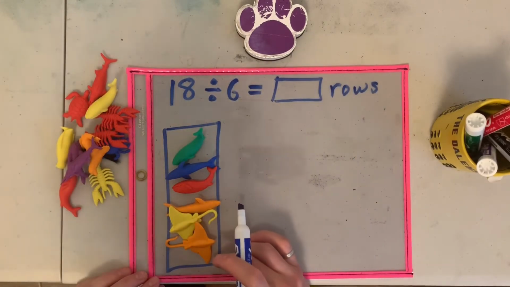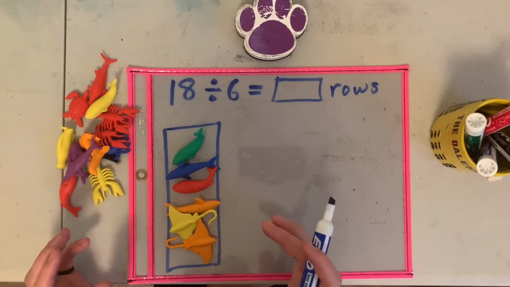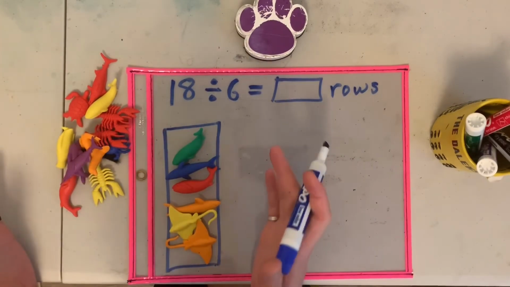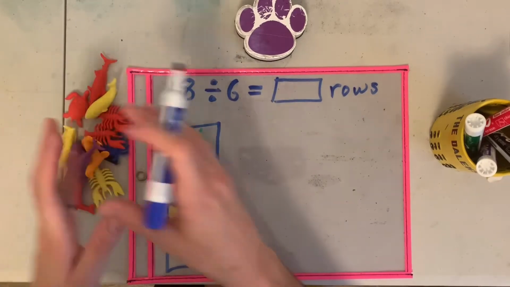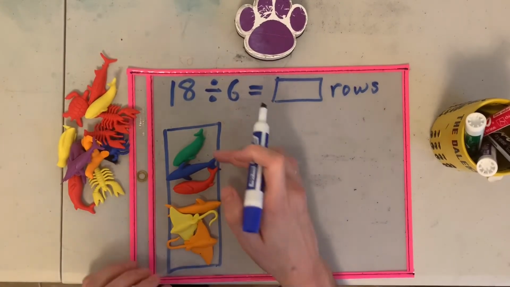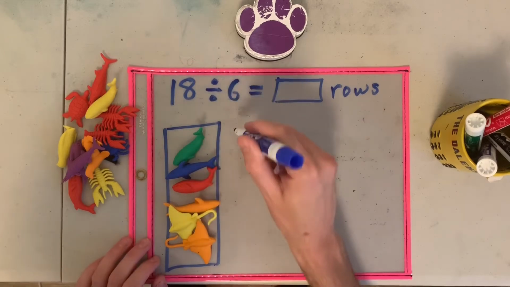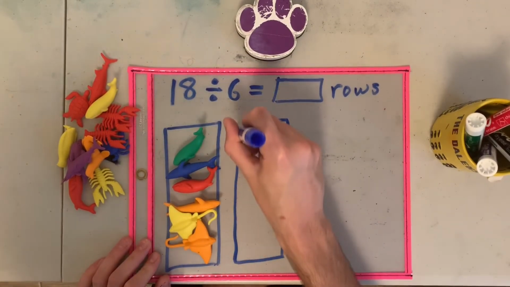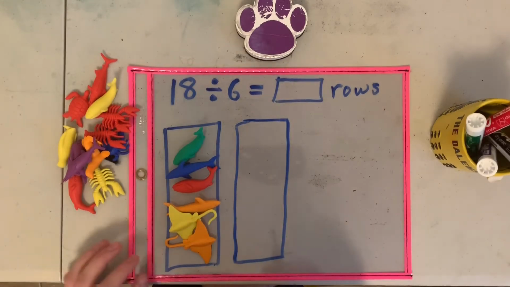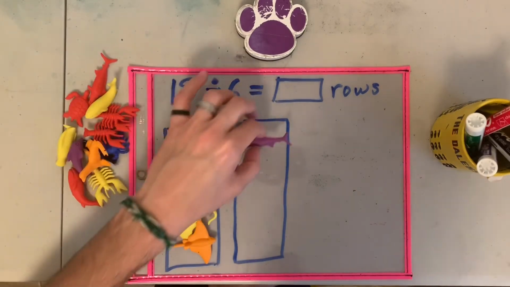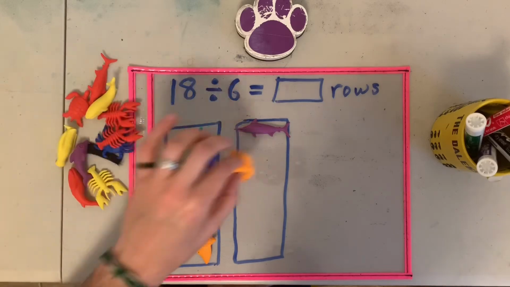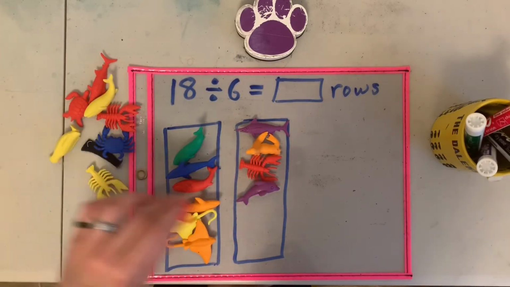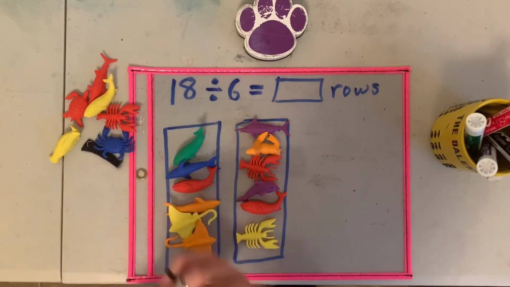Here we have 1. Am I done? No. Am I adding? I'm not adding. I'm taking from this group and creating an equal group. If I have 6 here, how many flowers I'm going to have here? 6 also. 1, 2, 3, 4, 5, 6.